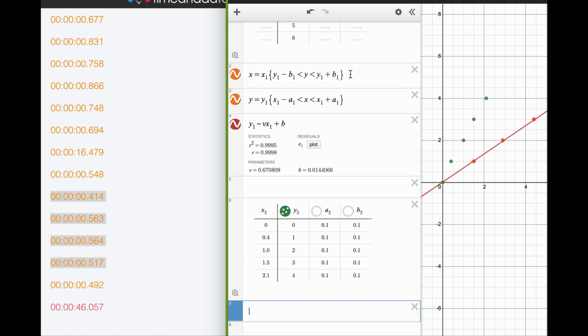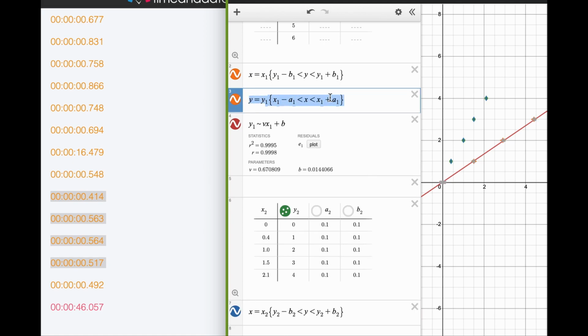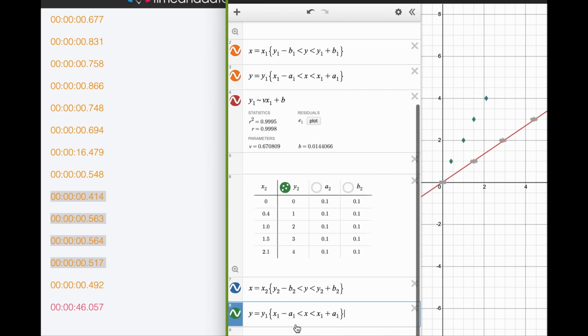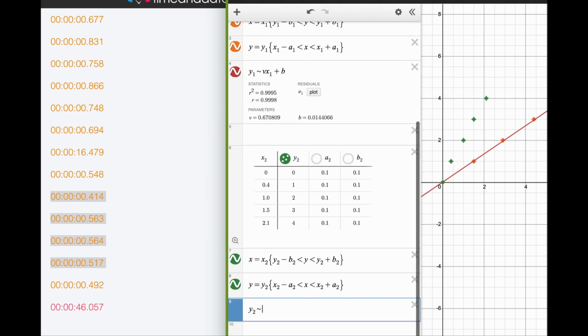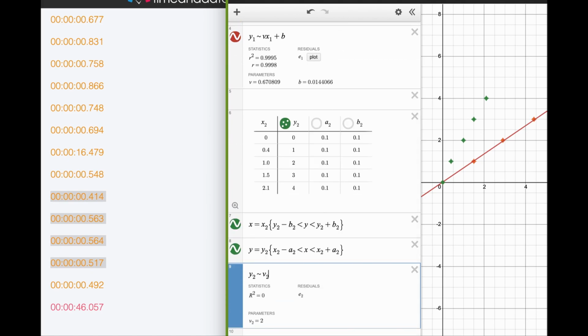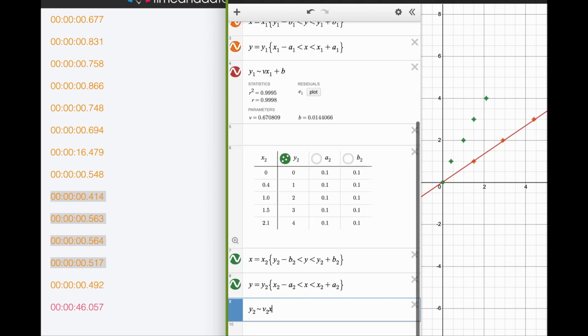Alright, just create your error bars now. Change these to a 2. Alright. Then type in your regression equation, which will be y2 tilde v2 and then x2.